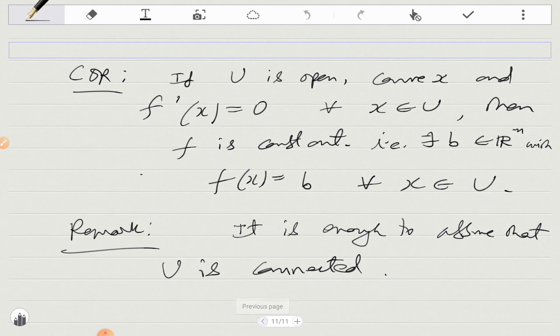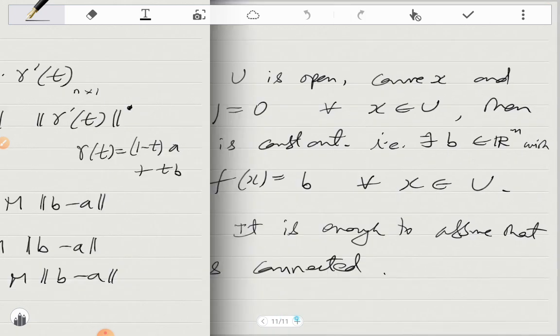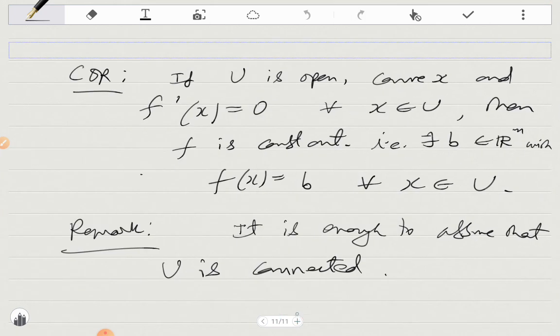And in fact, the mean value inequality requires convexity. There's no way of avoiding that. But this corollary doesn't quite require convexity. It's enough to assume U is connected, and of course always U is open.